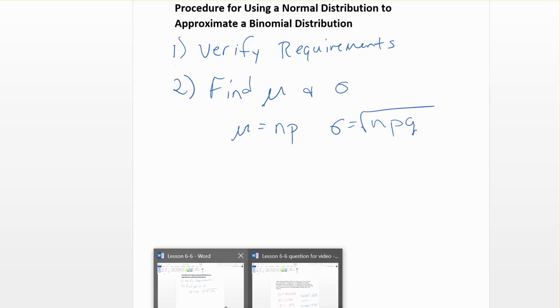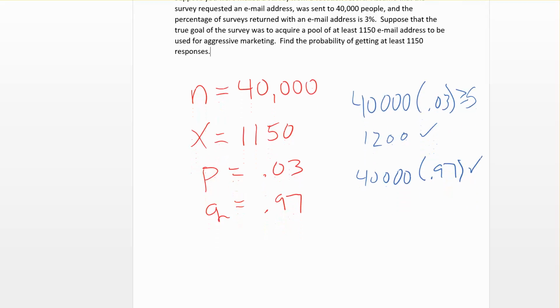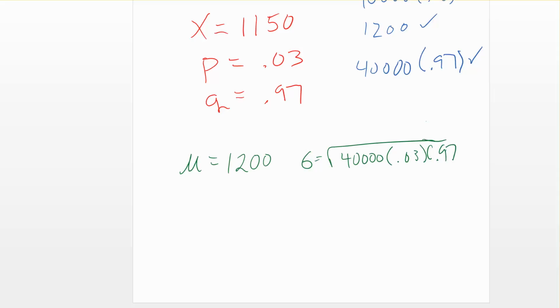So let's go back to our problem, and we want to find our mean and our standard deviation. So our mean was n times p, which we've already done. That's 1,200. And our standard deviation is the square root of n, 40,000, times p times q.